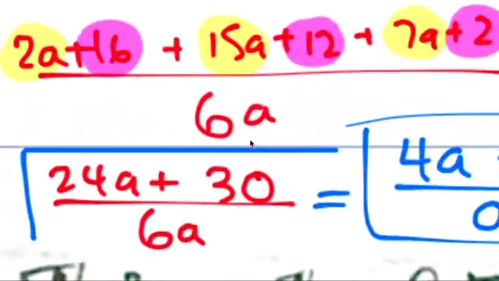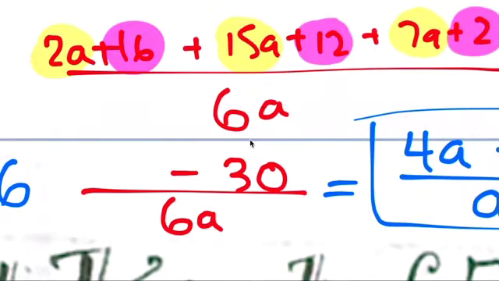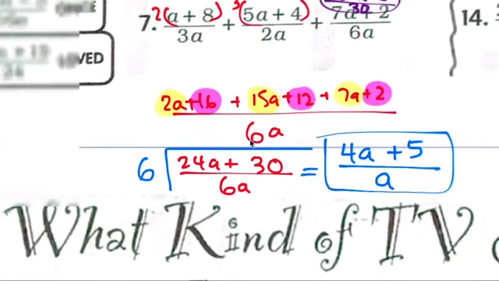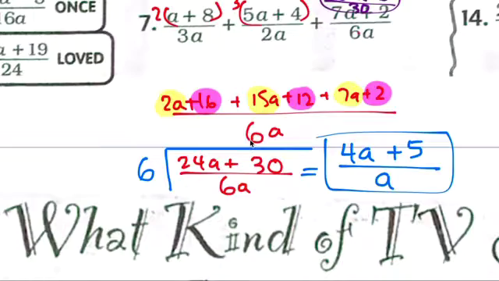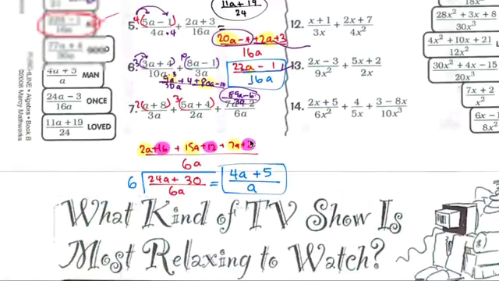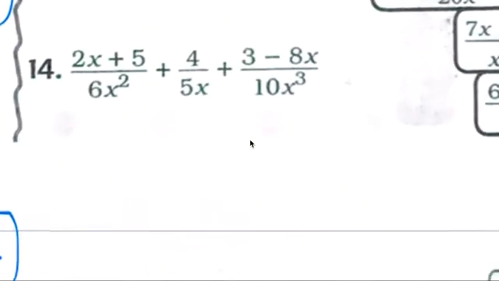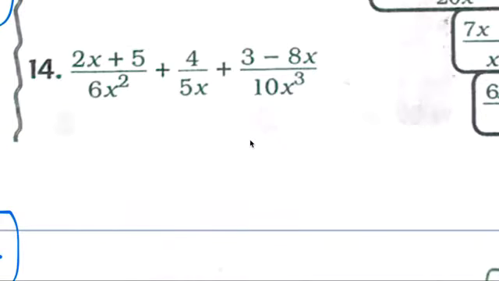Same thing here. See, all these 3 numbers can all be divided by 6, so it can be reduced to 4A plus 5 over A. Let's do number 14. The common denominator here is 30x cubed.